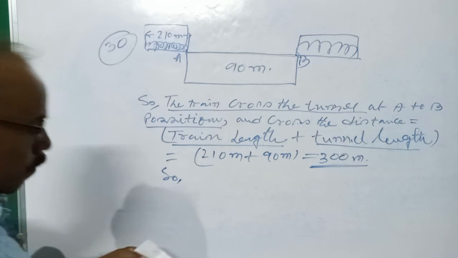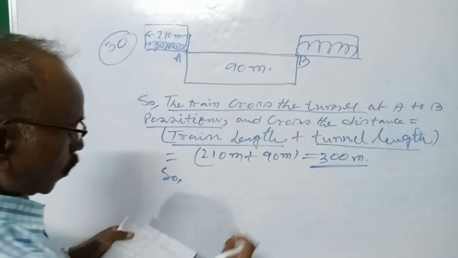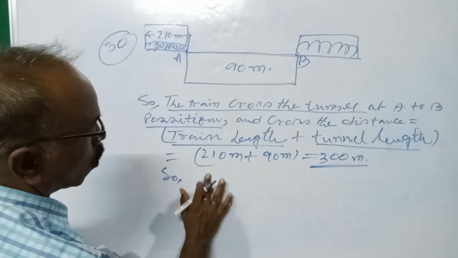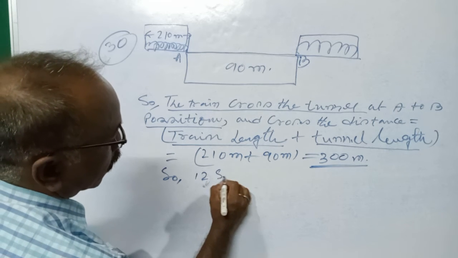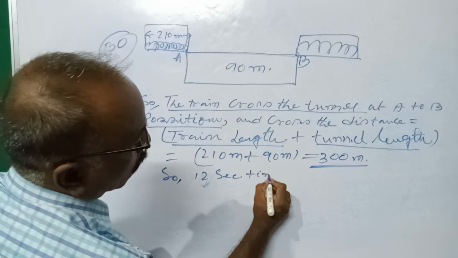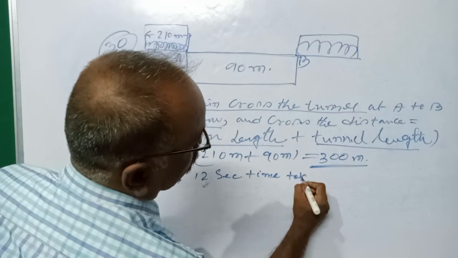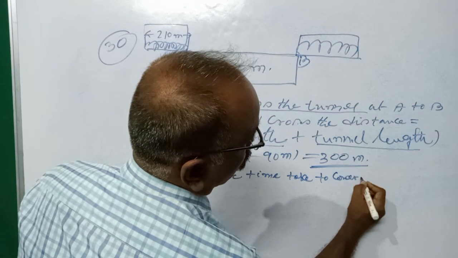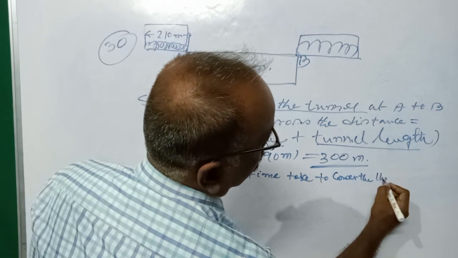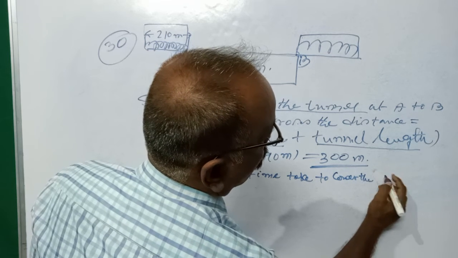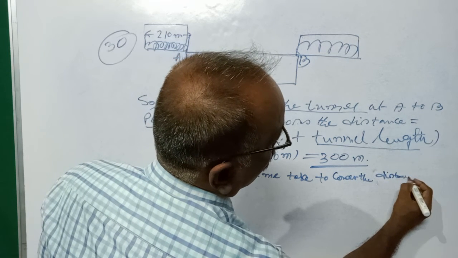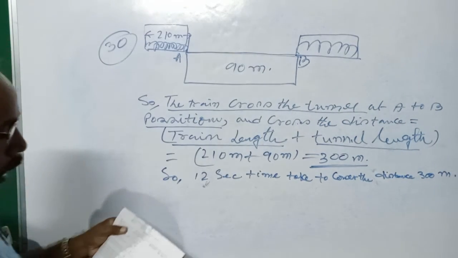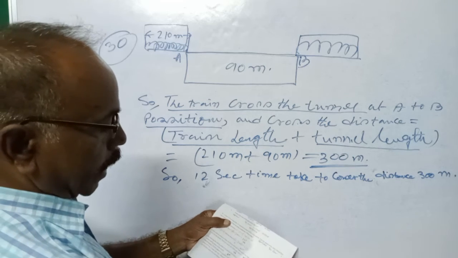So 12 seconds pass. So in 12 seconds the train takes time to cover the distance of 300 meter, because it is also given that it crosses the tunnel in 12 seconds.